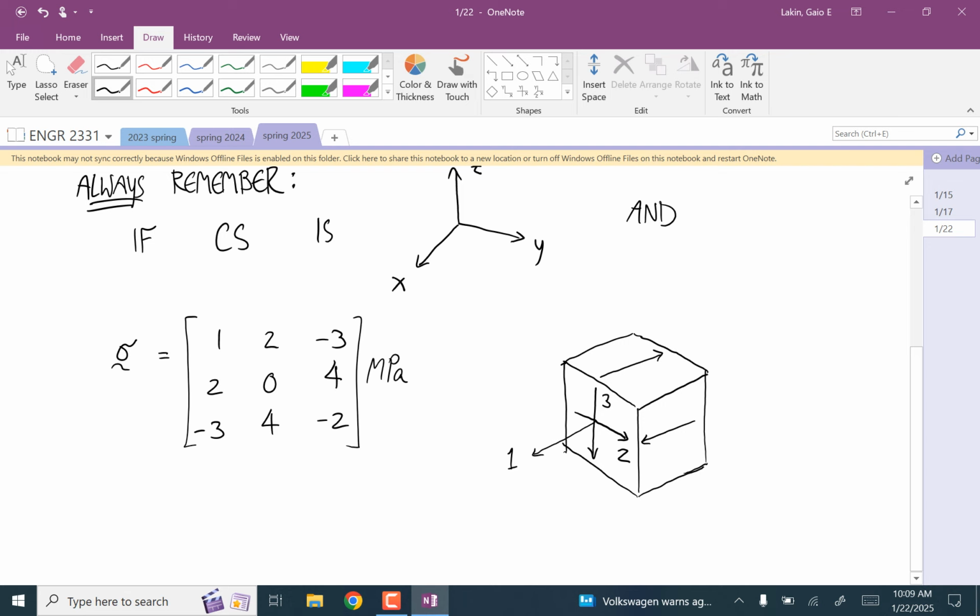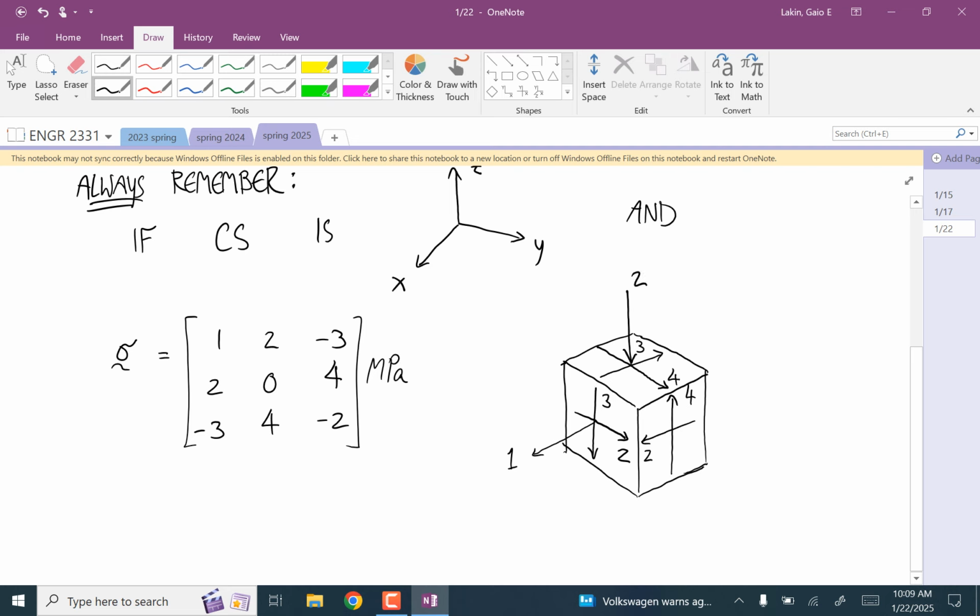Now the second row: we have 0 for the normal of the y. We already have the 2. The positive 4 is in the z direction, and that means this also has to be 4. This has to be 3. This has to be 2. And the ZZ is negative, so 2 this way. Okay.